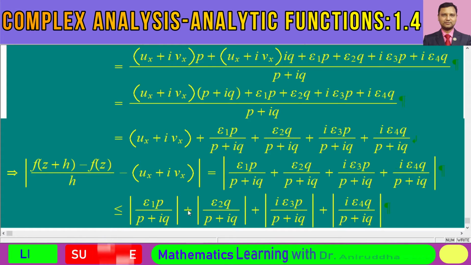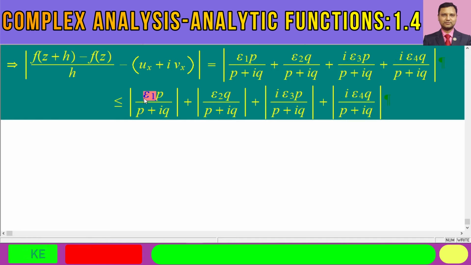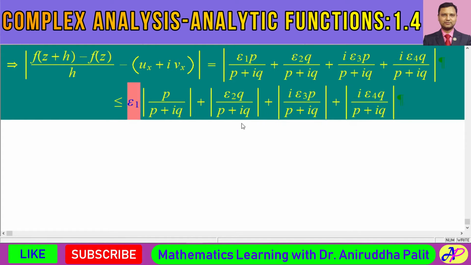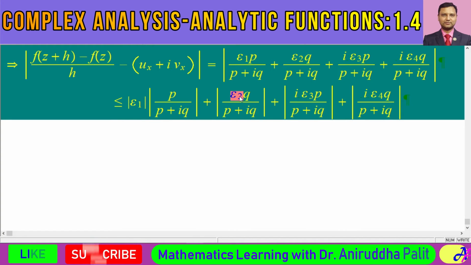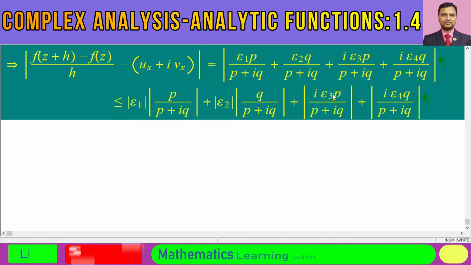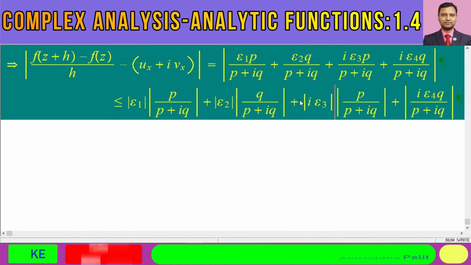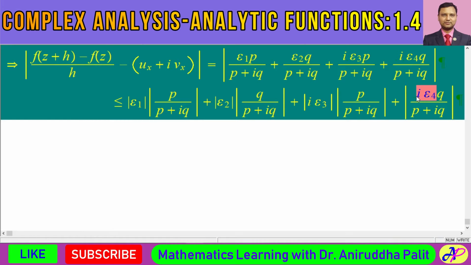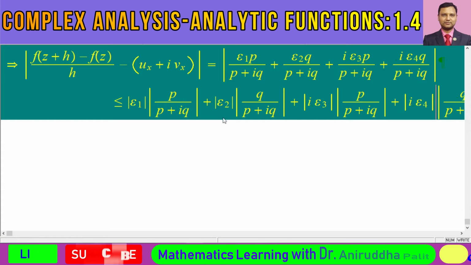Now over here, this can be written as modulus of epsilon 1, this can be written as modulus of epsilon 2, and i into epsilon 3 can be written as modulus of i into epsilon 3, and i into epsilon 4 can also be written as modulus of i into epsilon 4.